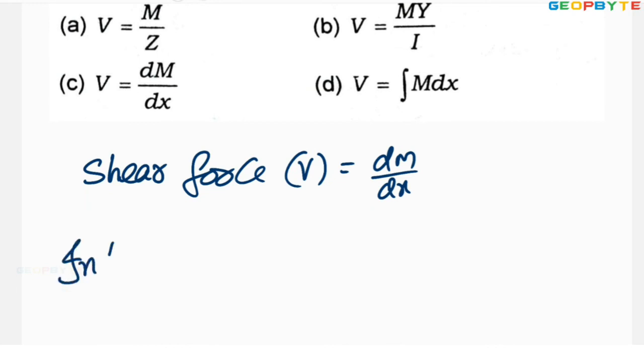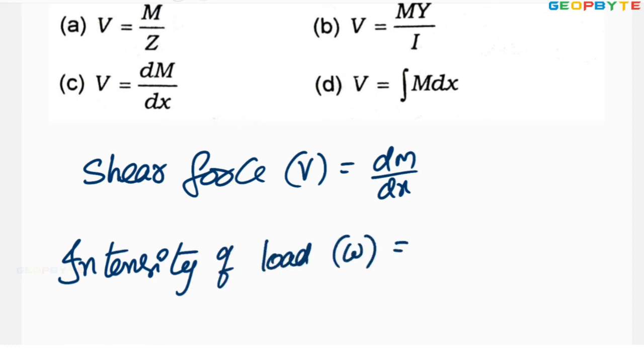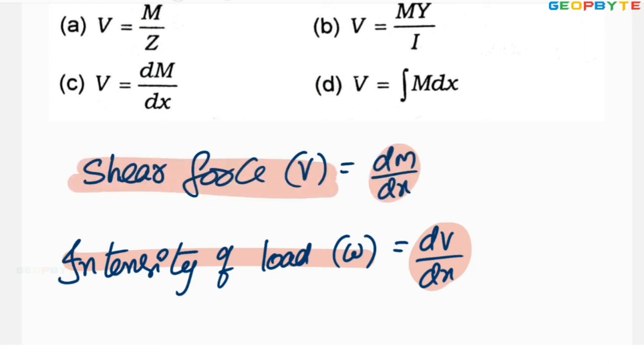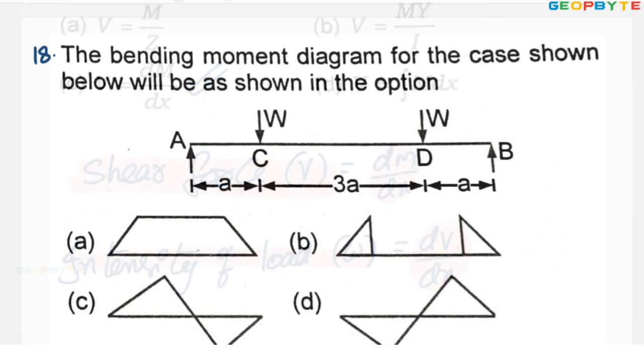Similarly, intensity of load W equal to dV by dx. The rate of change of shear force equal to intensity of load. The rate of change of bending moment is equal to the shear force. Therefore, option C is absolutely correct.